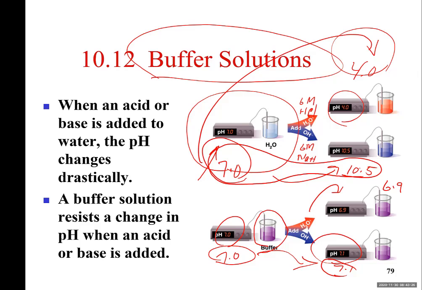So what buffers are doing, they are avoiding a sudden pH change. They try to avoid small changes, and they do not cause drastic change. Buffers are defined as solutions which resist a change in pH when acid or base is added.